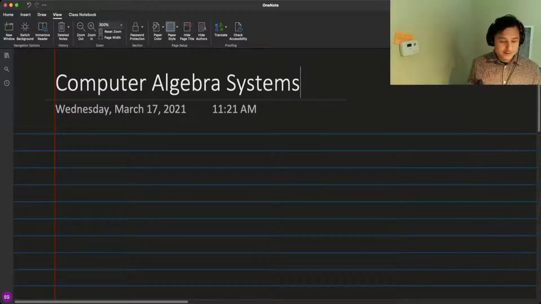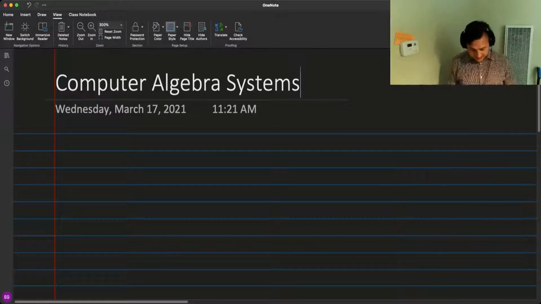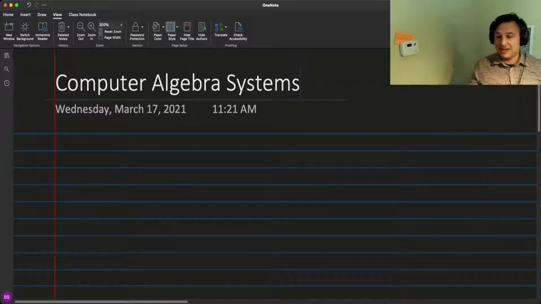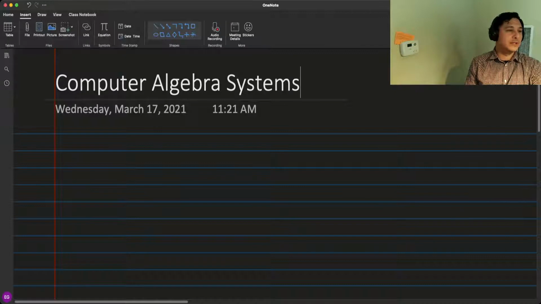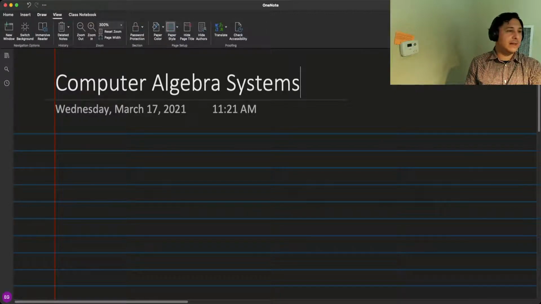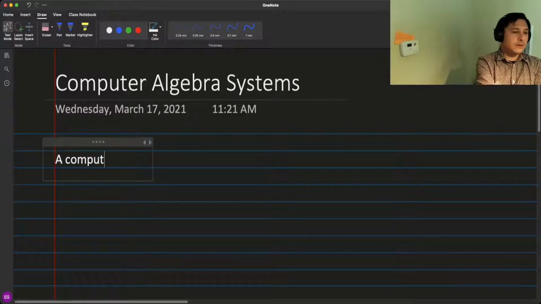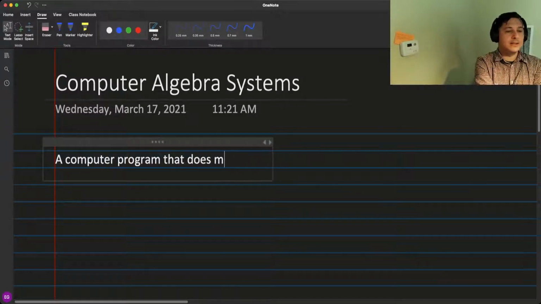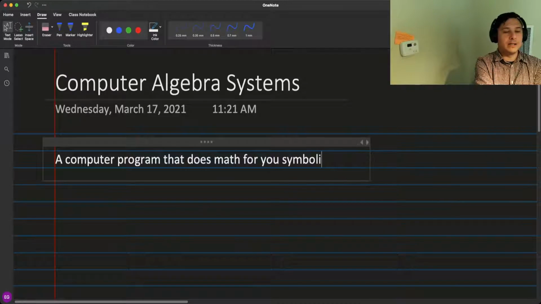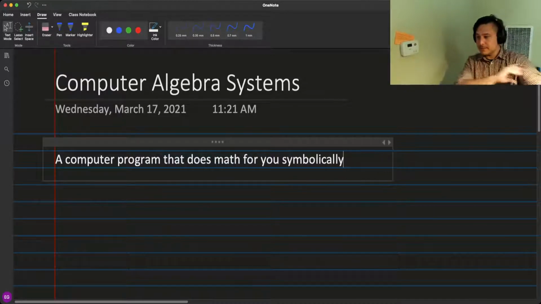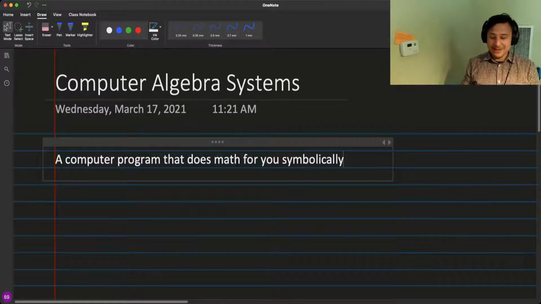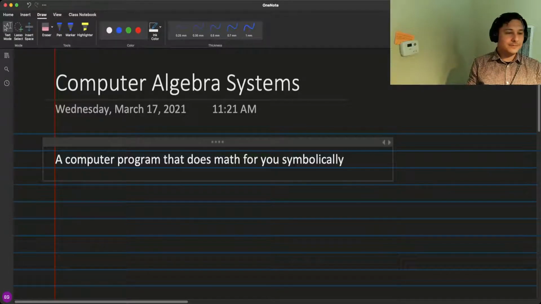One of the best ways to find an antiderivative, to be honest, is using a computer algebra system. A computer algebra system is basically just the name for a computer program that does math for you symbolically.